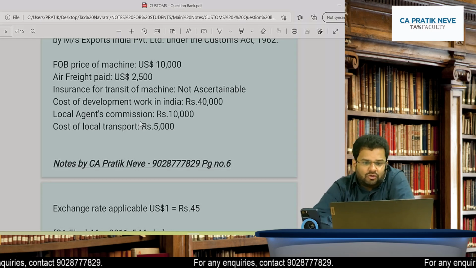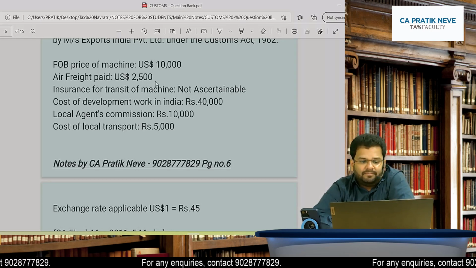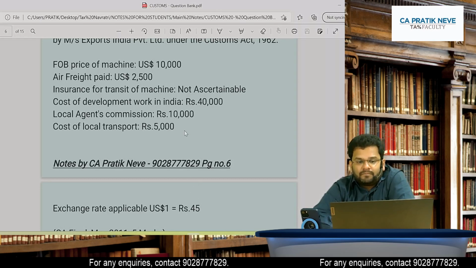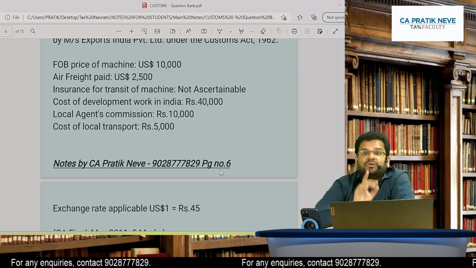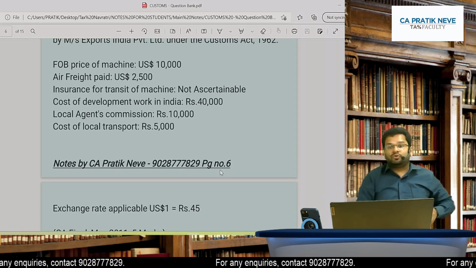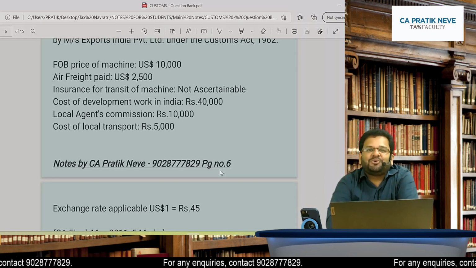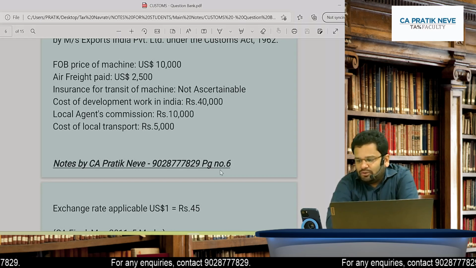Now you also convert 2,500 into rupee terms. 2,500 into 45 is 1,12,500. What will you take? Whichever is lower, which means you should take 92,000.